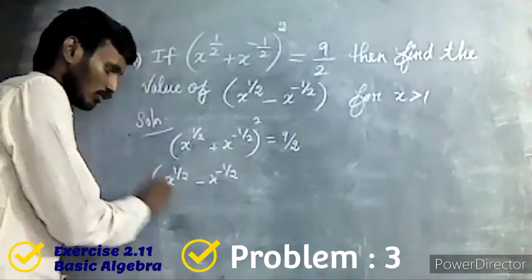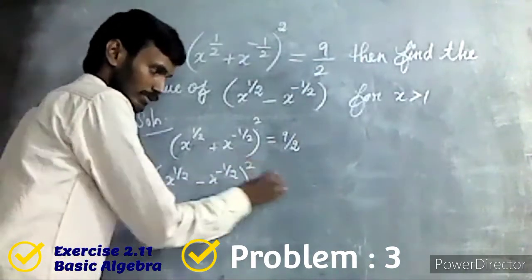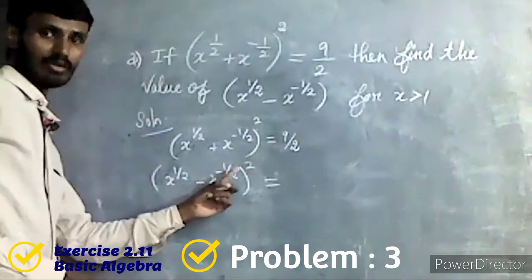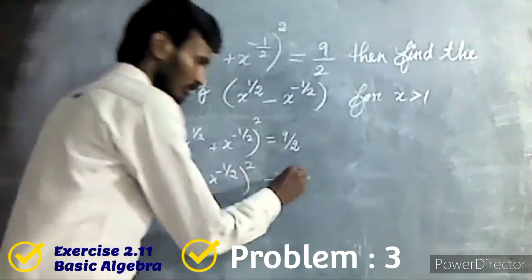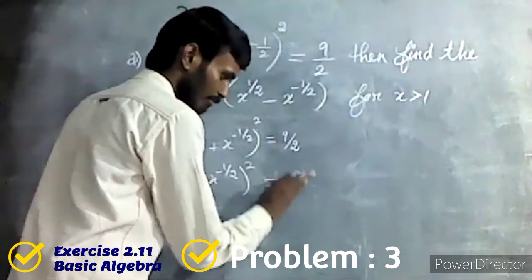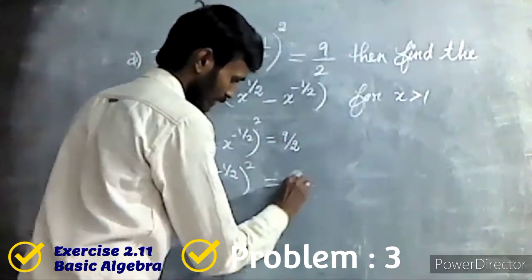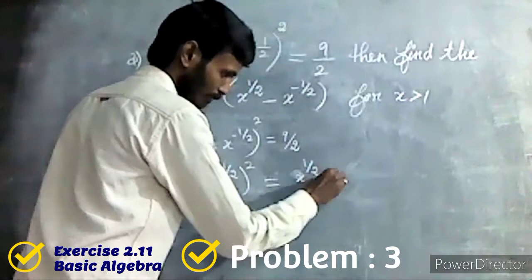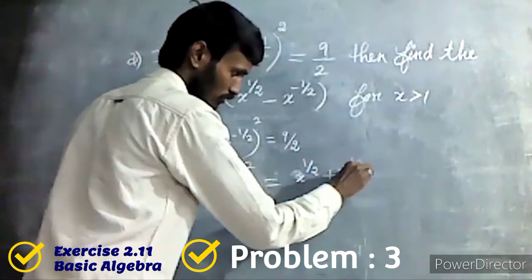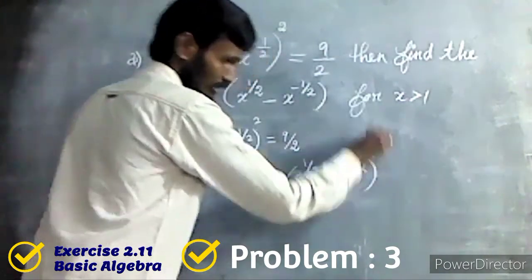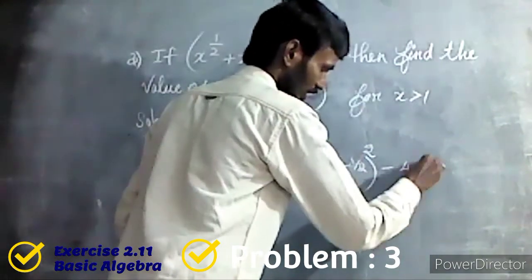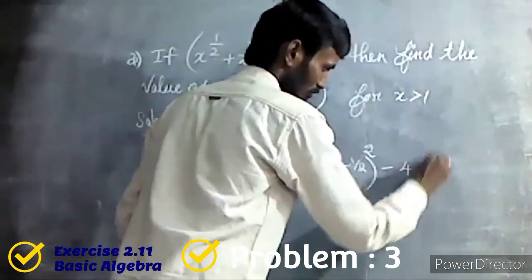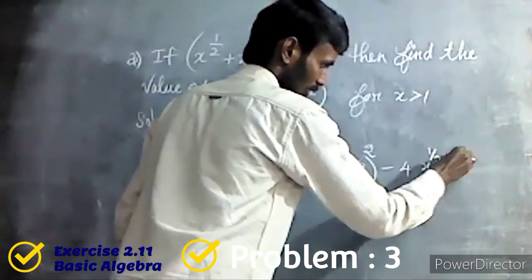But now I will consider the whole square. Finally I want to remove this square. The a minus b the whole square formula is a square plus b square minus 2ab. But now use the a plus b the whole square formula, I mean x power 1 by 2 plus x power minus 1 by 2 the whole square, and now subtract 4 times ab, 4 times x power 1 by 2 into x power minus 1 by 2.